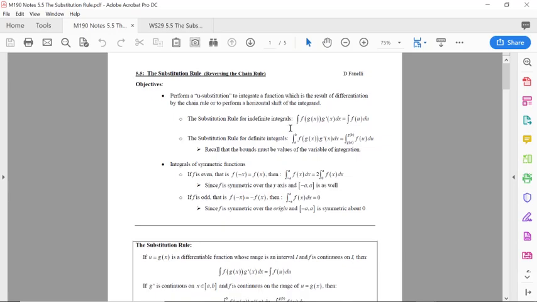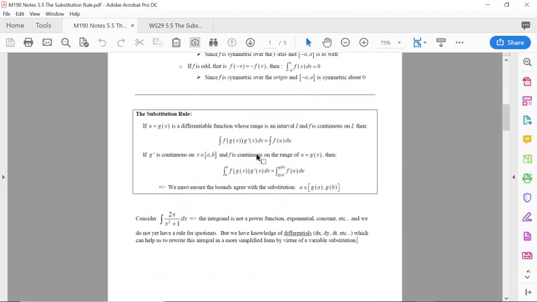So we call it a u substitution. However, if the integrand is already written with respect to u, then we would want to choose a different variable for our substitution, perhaps v.